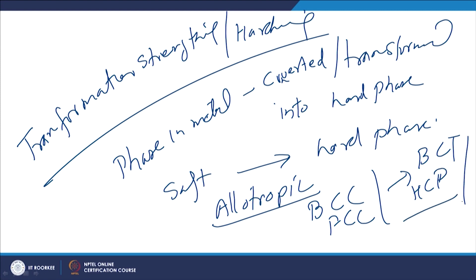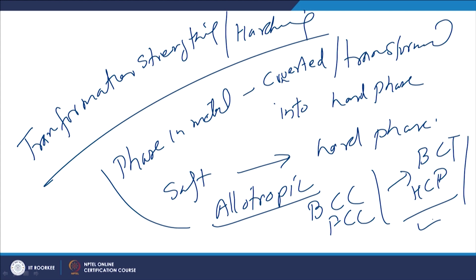So, the controlled transformation of the softer phases into the hard phases leads to the increase in strength of the metal, and so when these are processed during the welding, some of such kind of the transformations take place, both from hard to soft or soft to hard phases.